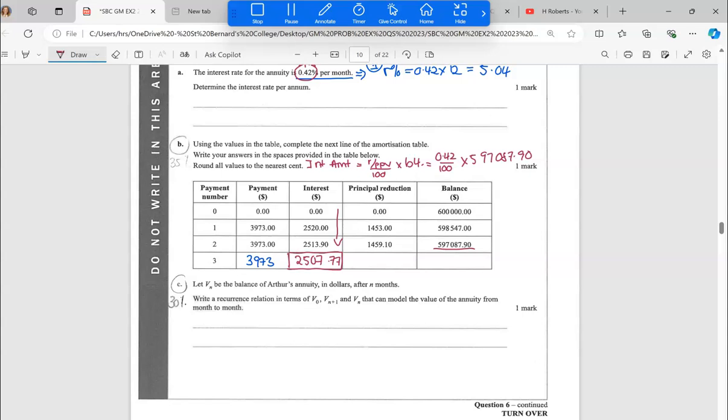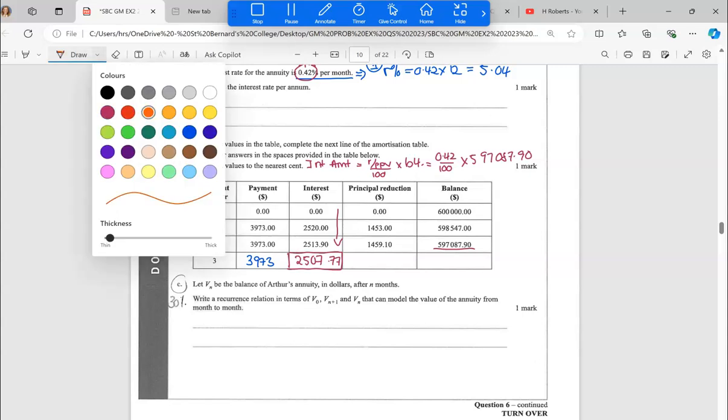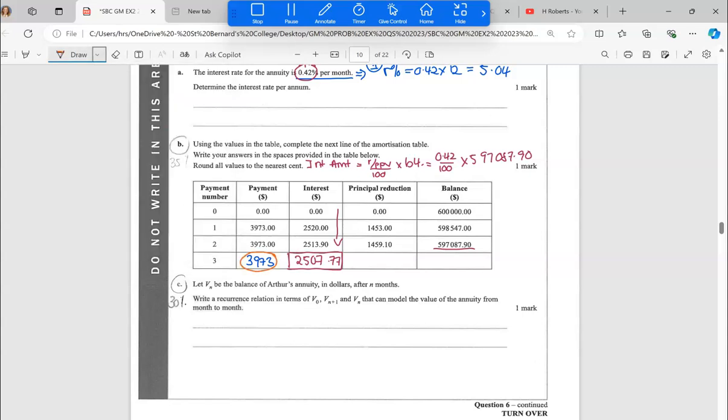Okay. Now the principal reduction. Now remember, what they did is they get given this amount. So this comes back out of the bank, but because their account actually made them money, their account won't drop by that full amount because we'll use the interest up.